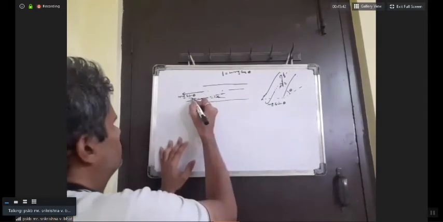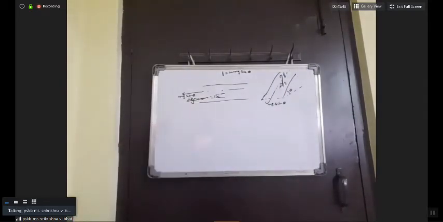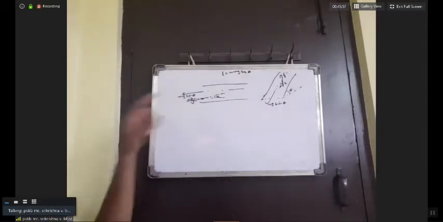So after some time, the velocity of the particle makes an angle alpha with the line of fastest descent.